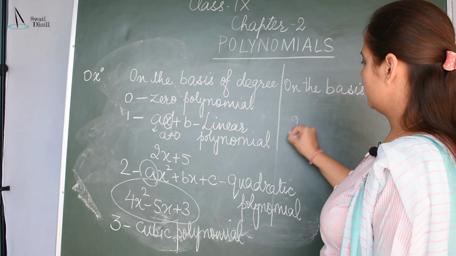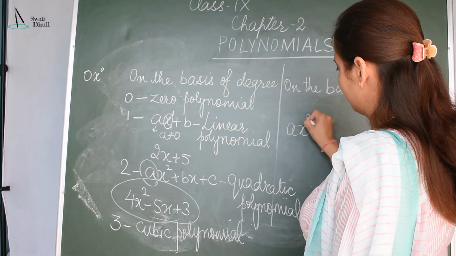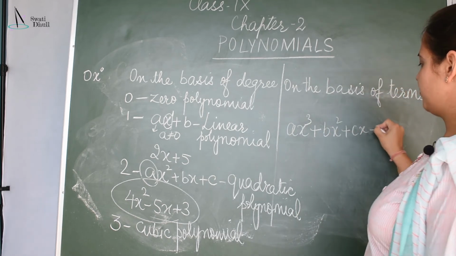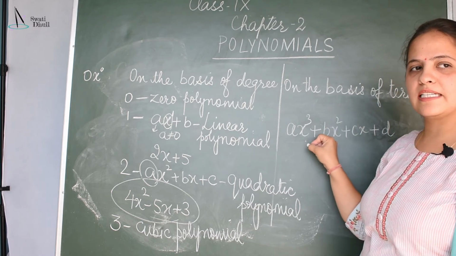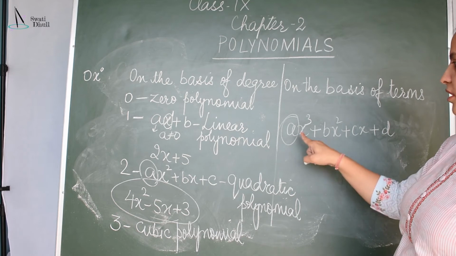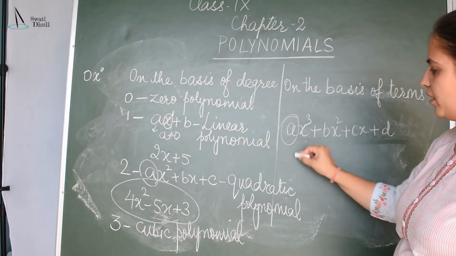For a cubic polynomial, we have the form ax cube plus bx square plus cx plus d. Here, the highest degree is 3, so it is a cubic polynomial. And a can never be 0, because if it becomes 0, this becomes a quadratic polynomial.